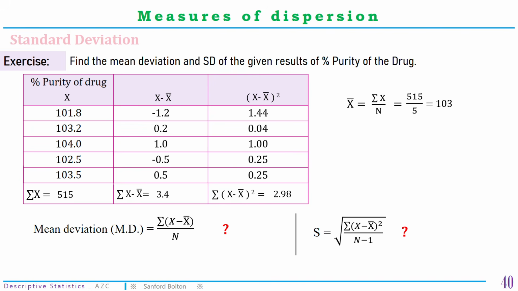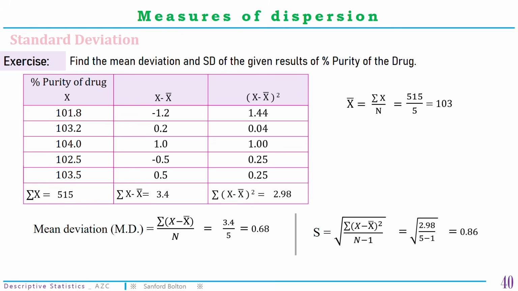Stepwise calculation. Sigma x found is 515. N is 5, so the value of the mean calculated is 103. Sigma of |x minus x bar| is 3.4, as we are ignoring the sign of the deviations. Sigma of (x minus x bar) whole square is 2.98.